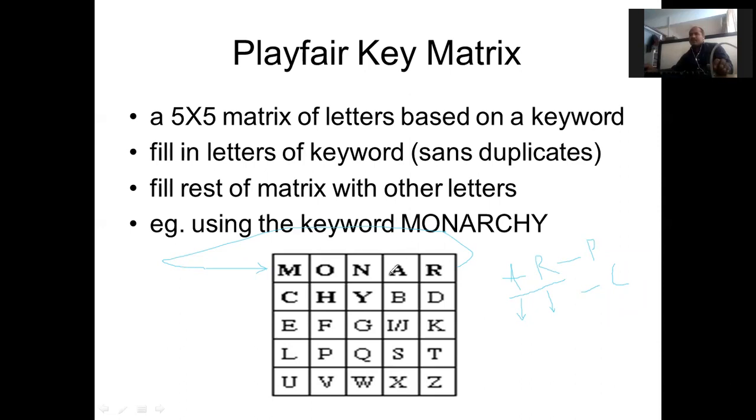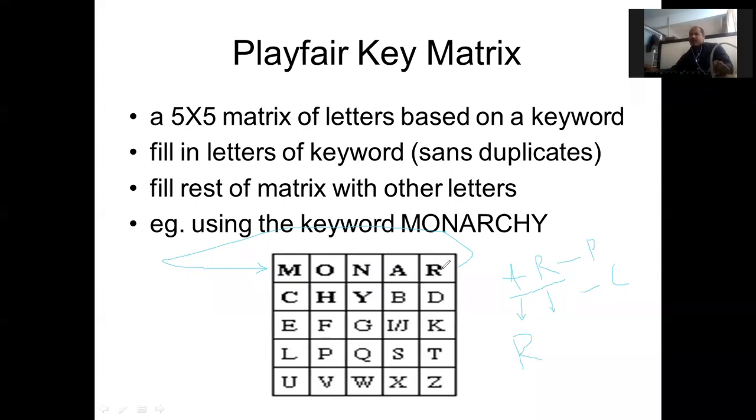So we consider the ciphertext character for A to be the right letter. The right letter of A is R, so the ciphertext character for A is R.